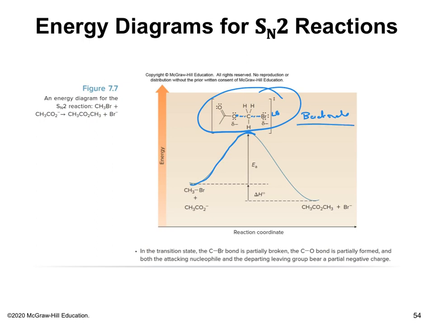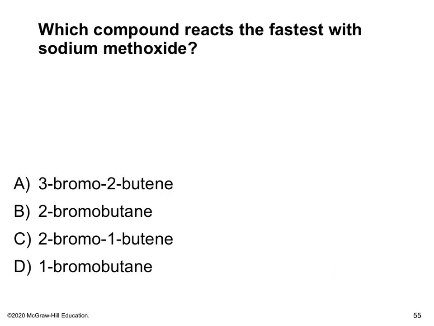That's going to be very important for an SN2 reaction. But you don't have an intermediate, because remember, the SN1 reaction has an intermediate since you have a carbocation. But you don't have that here. This is an SN2. Which compound reacts the fastest with sodium methoxide?